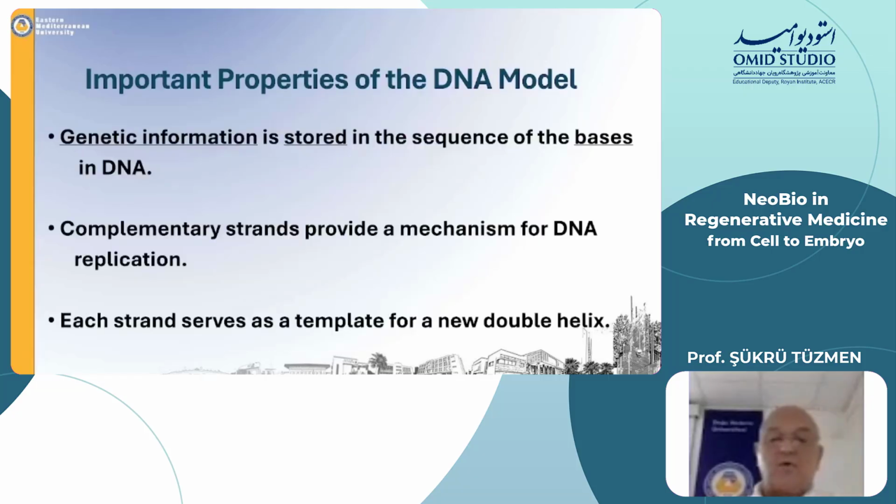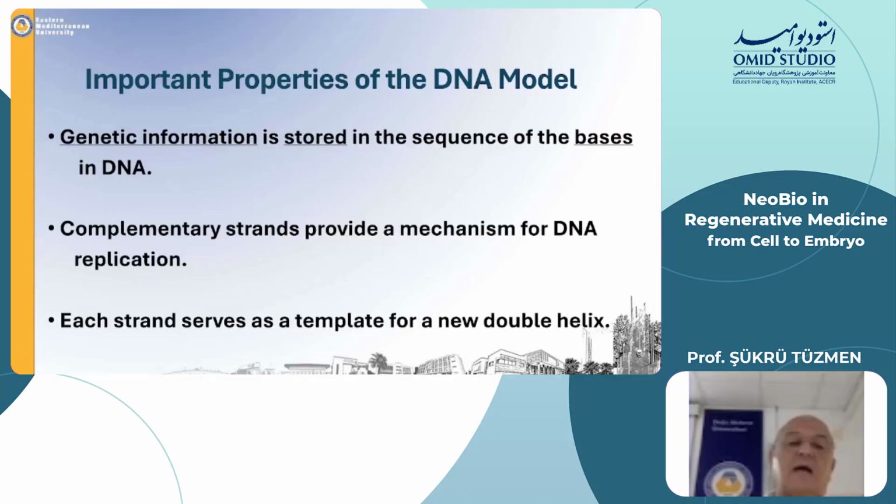So let's go over once more the important properties of the model that DNA illustrates for us. Number 1 is the information carried in the bases. So this is very important. We should know that the genetic information in the DNA is carried in the nitrogenous bases.